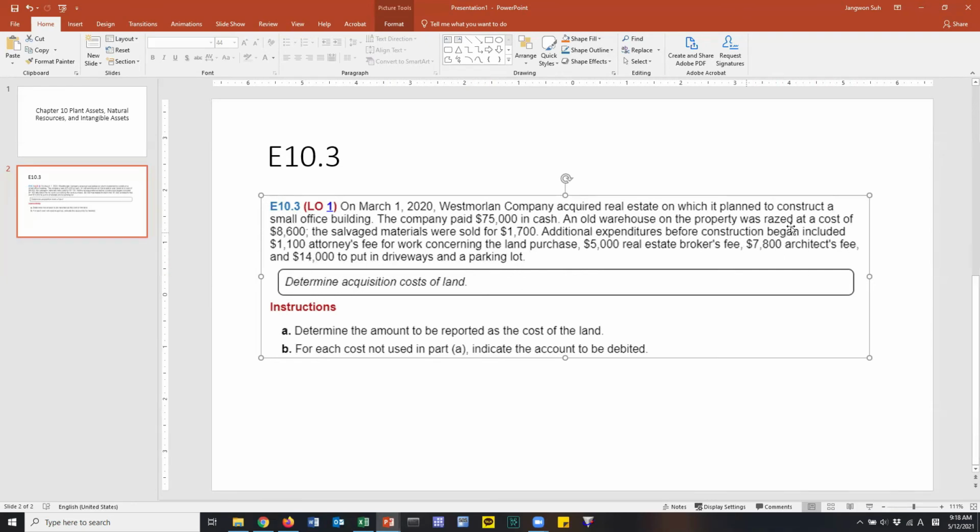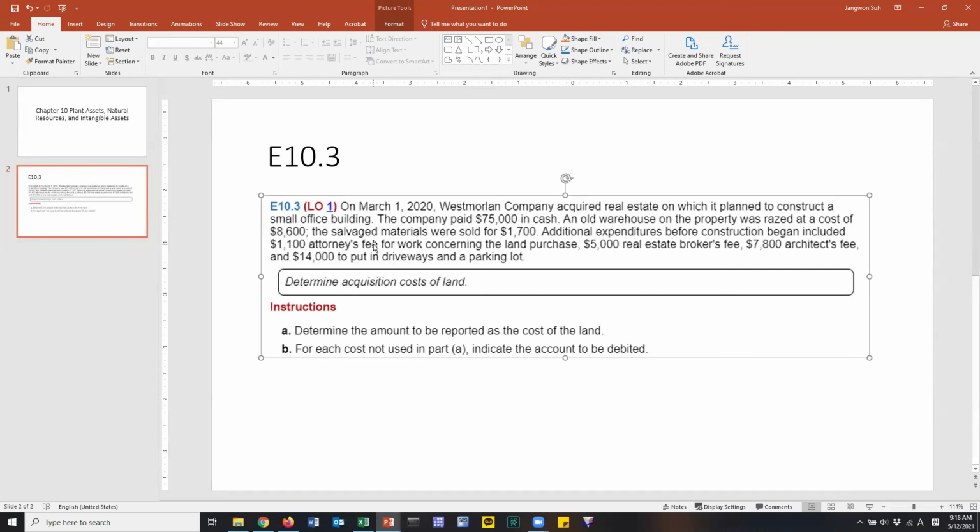But all the others, real estate broker's fee, attorney's fee, the cost to raze the old warehouse, are all necessary costs to utilize the land. Therefore, they all will be included in your acquisition cost of the land, in addition to this $75,000.